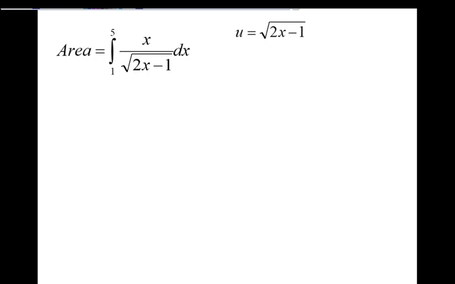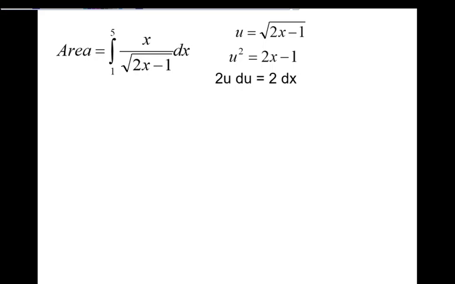Okay, so this is a little different. Then my u squared, so I square both sides. I get u squared equals 2x minus 1, and I'll show you why I did that in a second. And when I take the derivative of u squared equals 2x minus 1, I get 2u du equals 2 dx.